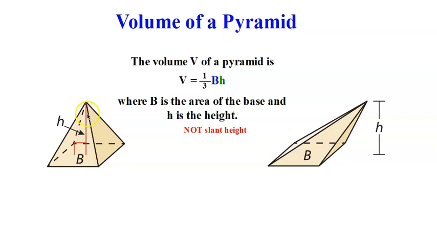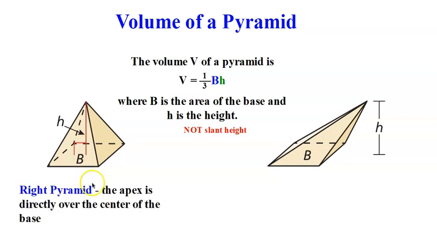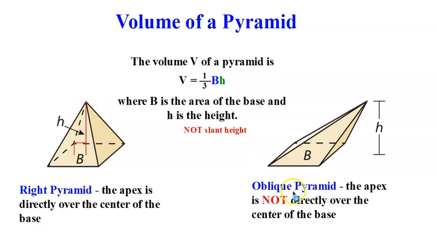Now, one other thing, real quick. Notice this does work for right pyramids. A right pyramid is where the apex is directly over the center of the base, and it also works with oblique pyramids, where the apex is not directly over the center of the base.